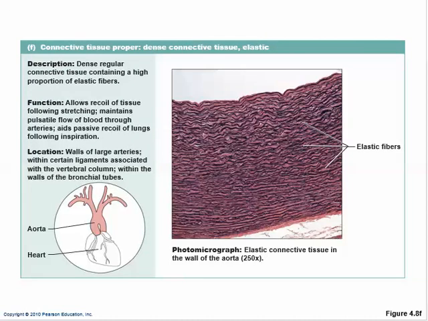The elastic ones, you can see how wrinkly it is. So this would be anything that needs to bounce back. So the walls of the aorta would be dense elastic connective tissue. We call it the elastic lamina. It's what maintains the pulse. When you're feeling any artery with a pulse, you're going to get it. There's some ligaments in the spinal column that need to stretch when you bend forward.